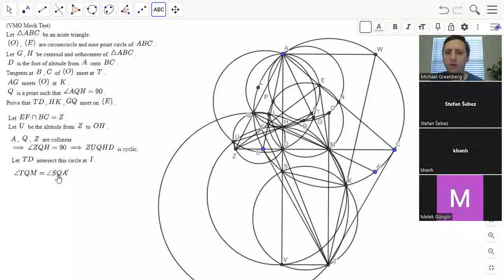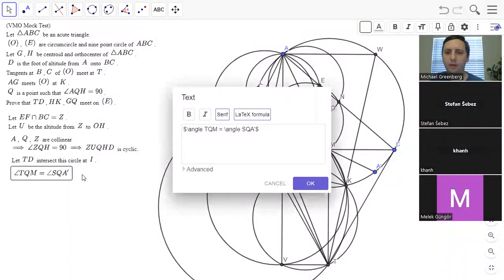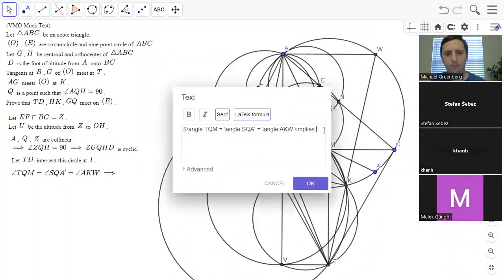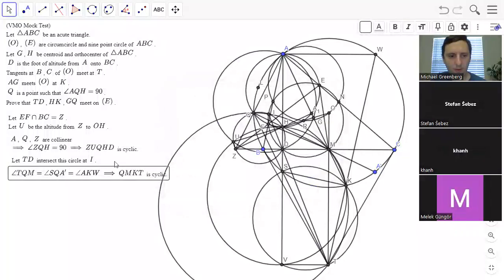So SQA' equals AKW. That means QMKT is cyclic.